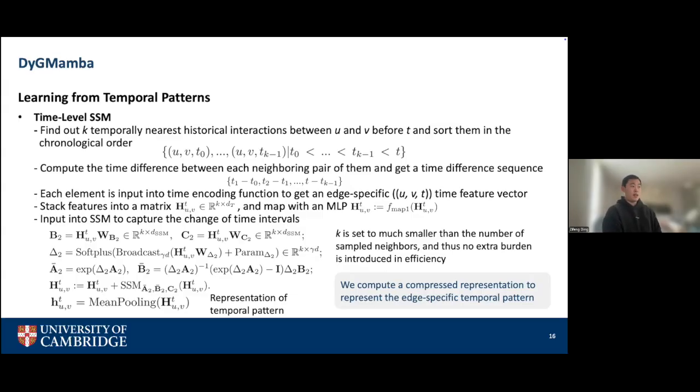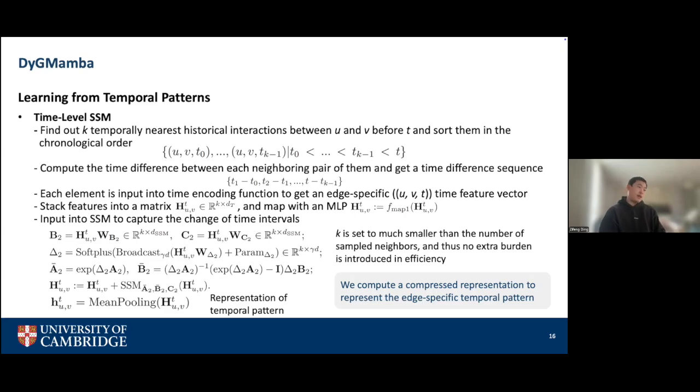So these five equations here are just the same as how we did in the node-level SSM, but now the input is the time difference sequence. And in the end, we compute a representation of the temporal pattern, denoted with this lowercase h_UVT, by mean pooling over the rows of this matrix.